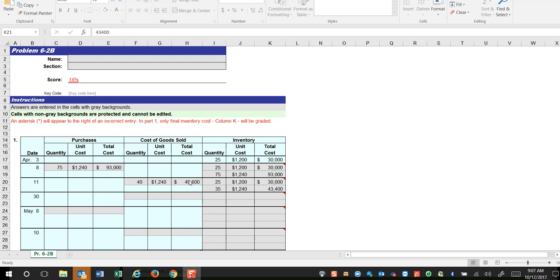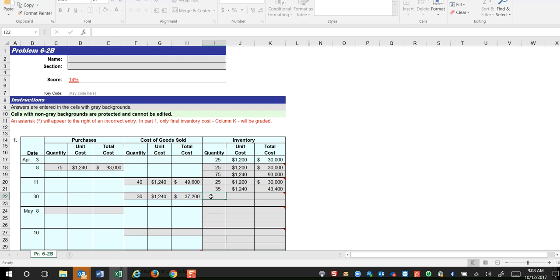The next thing that happens is that on the 30th, I sell 30 more units. Again, using last in, first out, I've still got 35 left at that 1,240. So I'm going to take 30 of those at 1,240, and then that would simply extend out. 30 times 1,240 is 37,200.